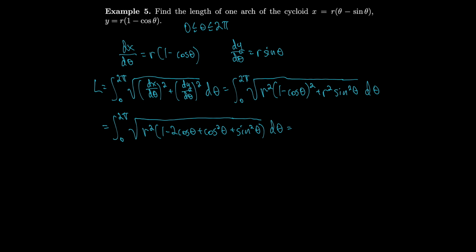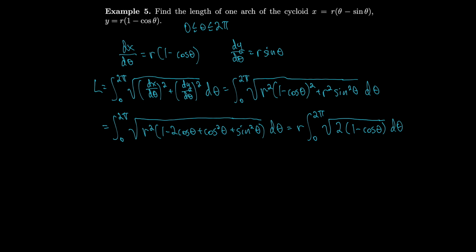Actually, how about I take out my r first? Remember, I have the square root of r squared, so I'll just pull out an r. So I end up with the square root of 2 times 1 minus cosine theta, because this is just gone.